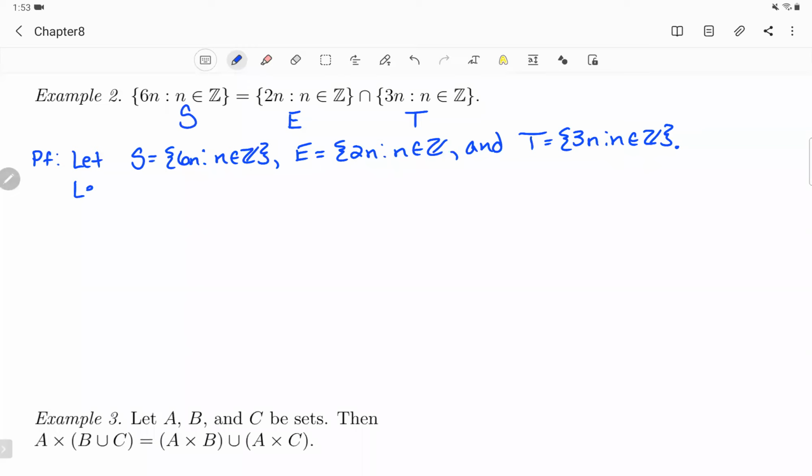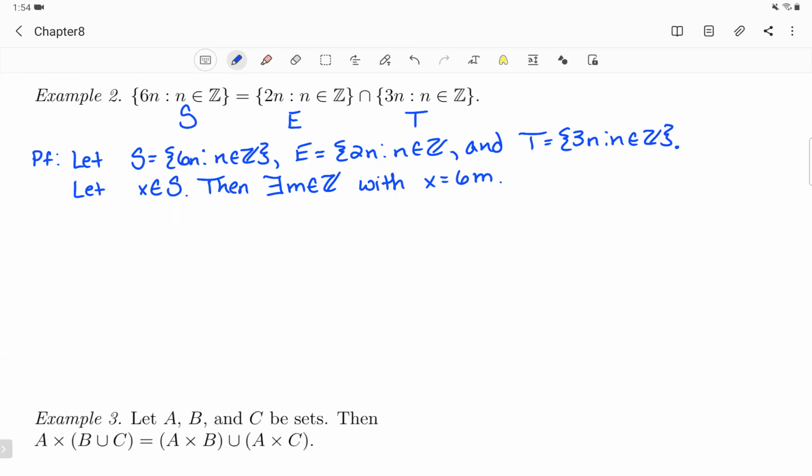So let's let x be an element of capital S. Well, what's that mean about x? It's a multiple of 6. Then there exists, we'll do m in the integers with x equal to 6m. All right.